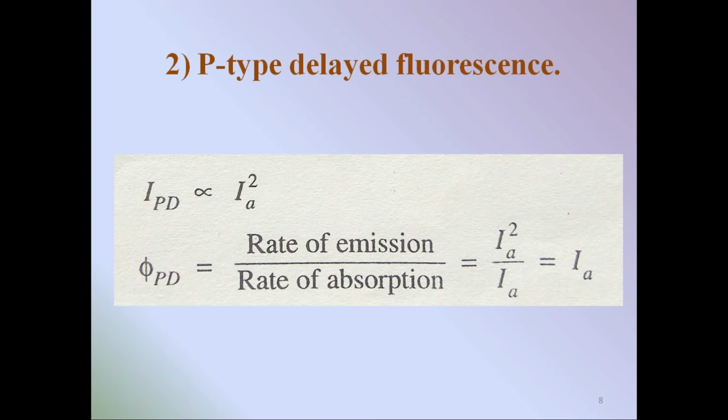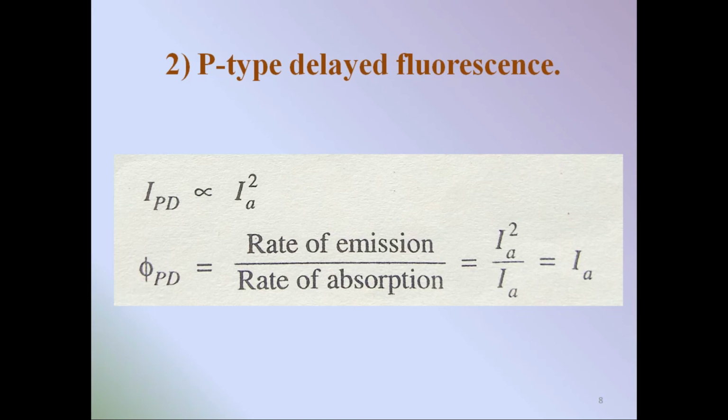This law also says that two photons act in the delayed emission, and hence it is also known as a biphotonic process. Here, two triplet molecules encounter, that is collide with each other, and give an intermediate species X, which subsequently dissociates into the excited S1 state and the ground singlet state S0 of the molecule.